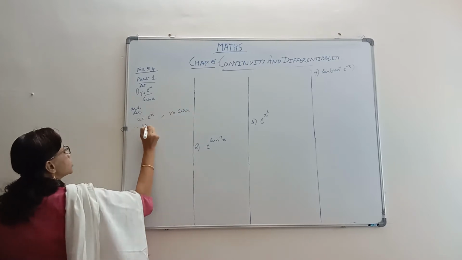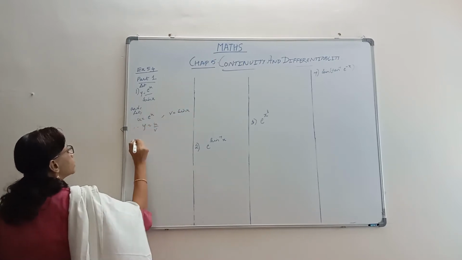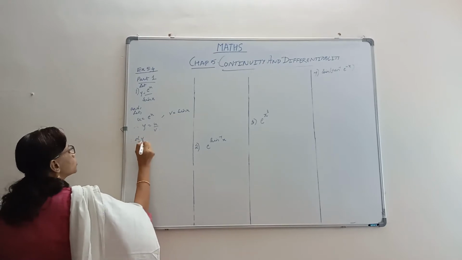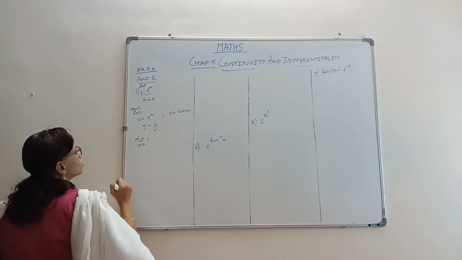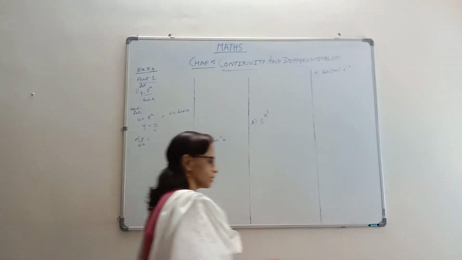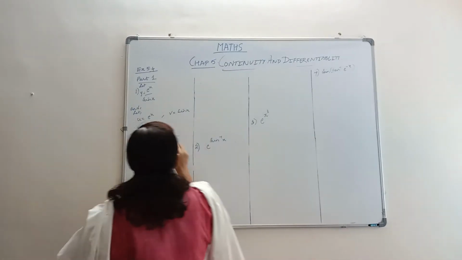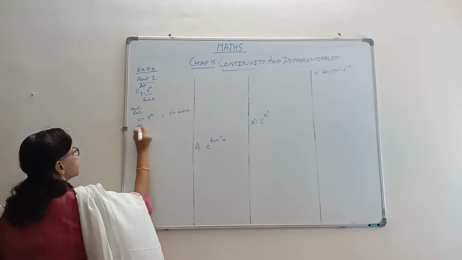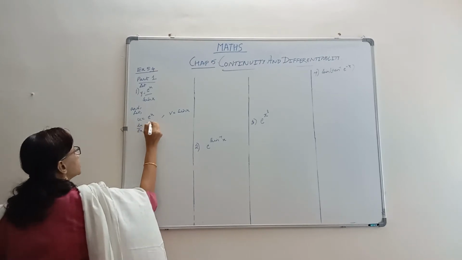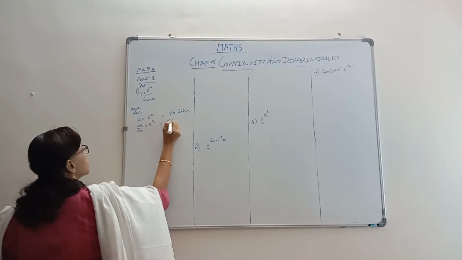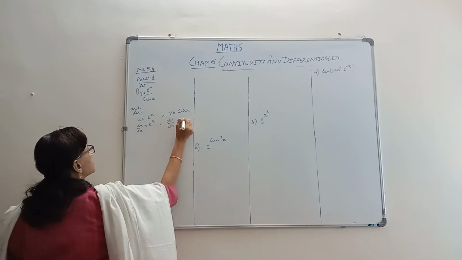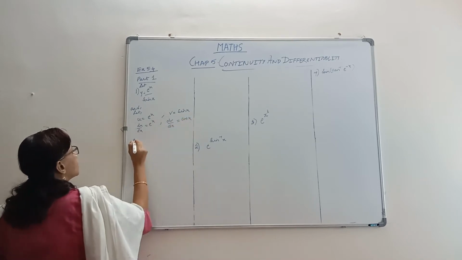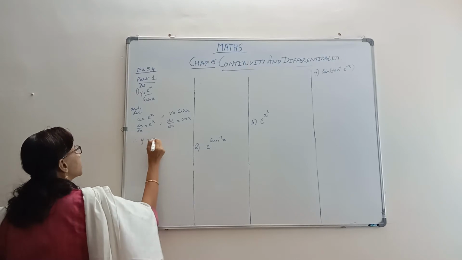Therefore y becomes u by v, and we know that by quotient rule dy by dx is, I should have found the derivative there itself. Just pardon me for that. I just get the derivative there, so that later it's not really difficult. It is e raised to x itself, and derivative of v is cos x. Therefore y is u by v.